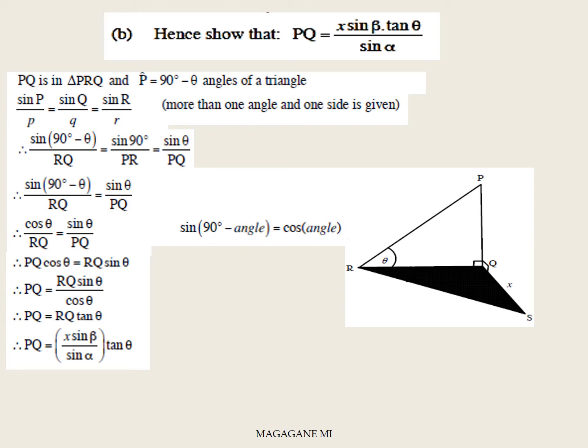And we also know that RQ from the previous proof equals X sin beta over sin alpha. Therefore, PQ equals X sin beta over sin alpha times tan theta by substituting RQ.